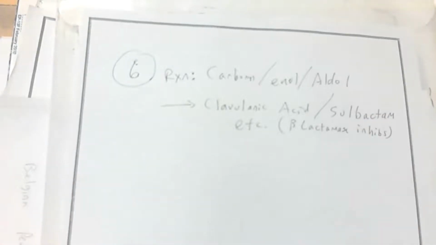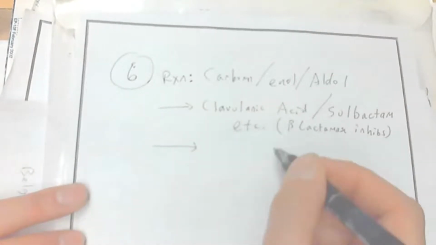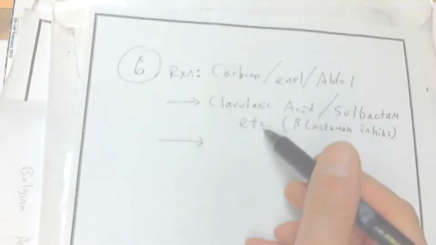All right, and as a class of drugs, these are kind of weird, right? Because what are they doing? They were permanently attaching to an enzyme, beta-lactamase, serine 70. Does anybody know what that's called?